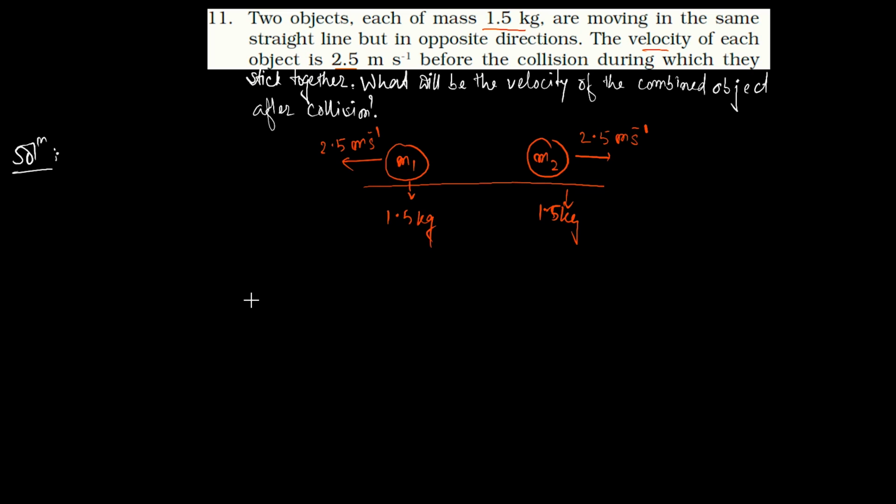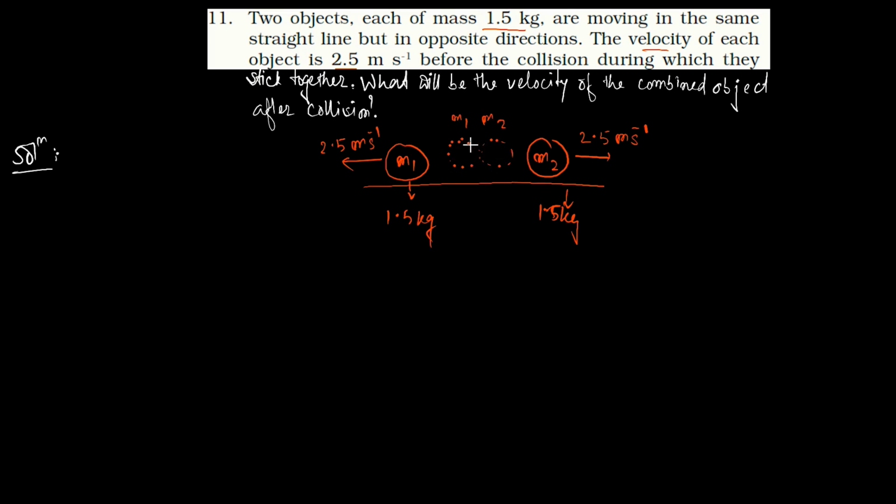That means they are asking that when the two bodies get collided, what is going to be the velocity of the combined object? See, without solving this question, we can simply say the answer. Simple conceptual question. Consider that maybe before they were moving in the opposite direction, they were here, where they actually get collided, M1, M2.